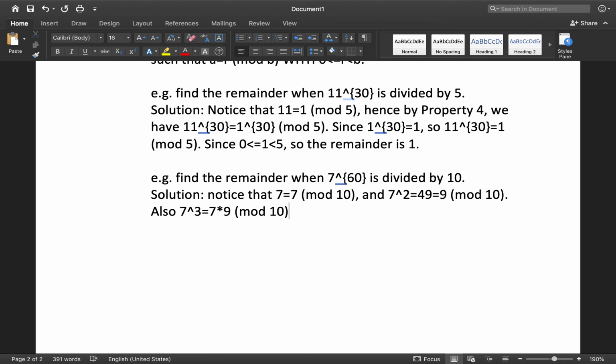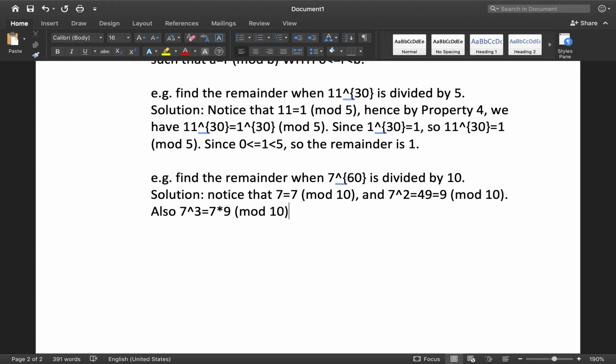Why? Because you just split 7 to the power 3 into 7 squared times 7. But 7 squared, you just know it's congruent to 9. So that means you can change 7 squared to just 9 after you take the congruence modulo 10.